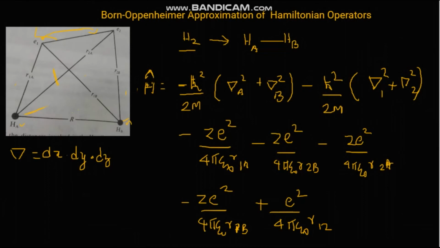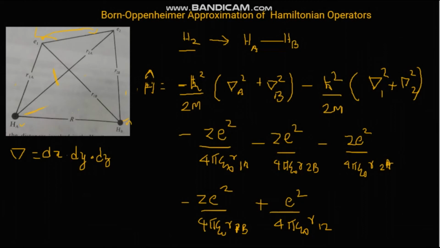Because Z applies to a system between nucleus and electron, but here it is only between the two electrons, and that is why Z was not included. It increases the energy, so it carries a plus sign.